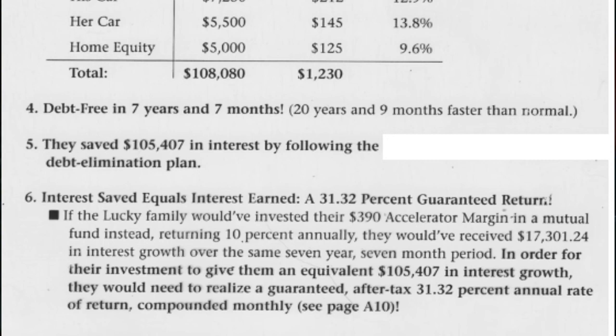If they had invested their $390 accelerator margin in regular investments starting right from the beginning, like the traditional way, and they're earning 10%, then it says here that at the end of that 7-year period, they would have received $17,000 in interest and growth.